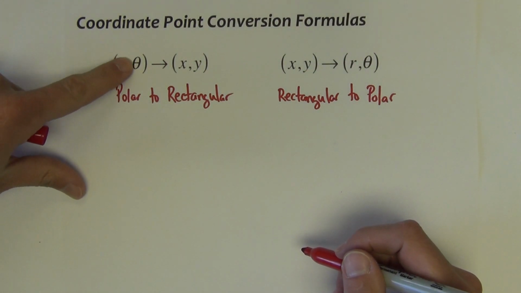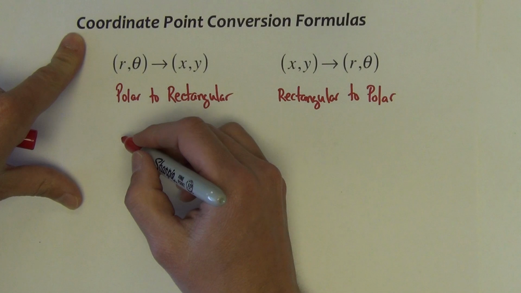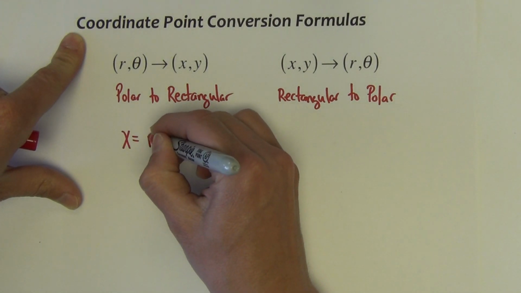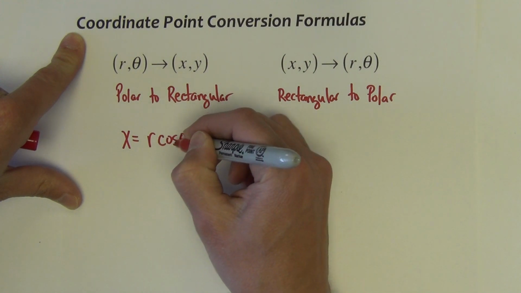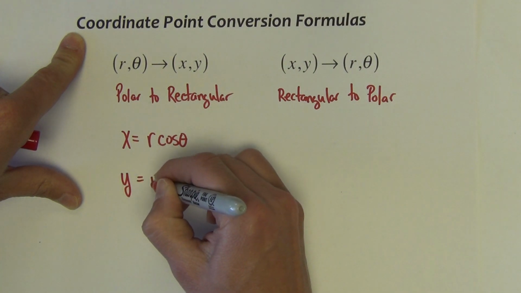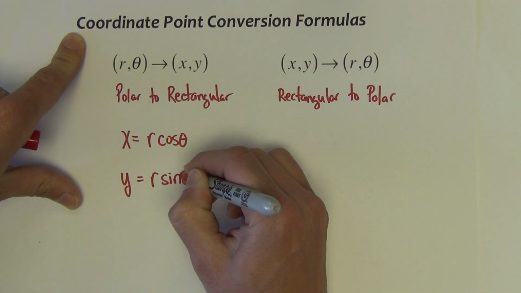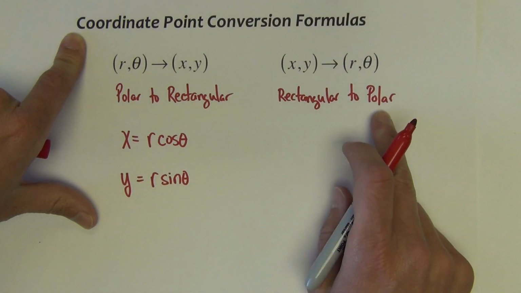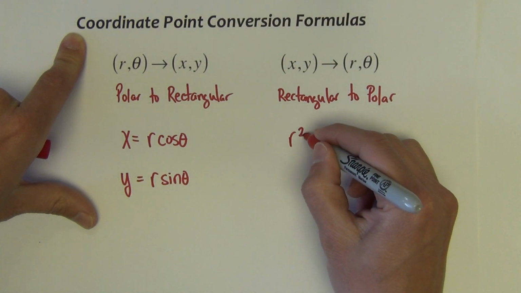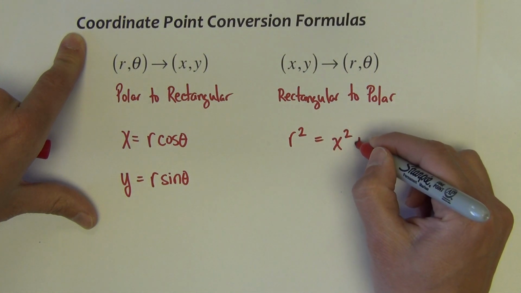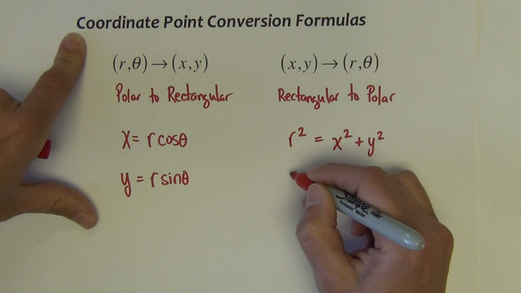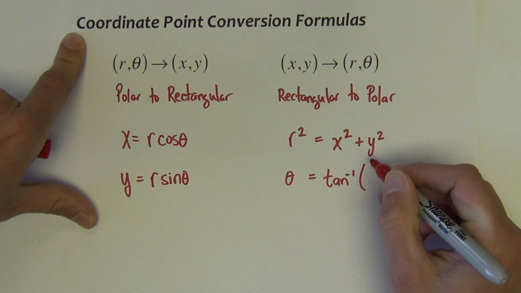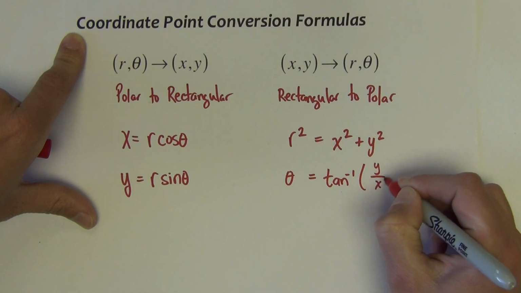If r and theta are known and we want x and y, the conversion formulas will be this: x equals r cosine theta and y equals r sine theta. If I want to go from rectangular to polar, r squared equals x squared plus y squared, and theta equals tan inverse y over x.